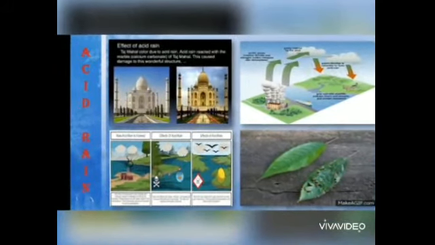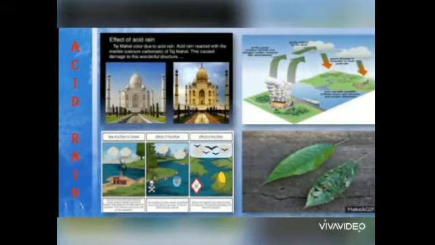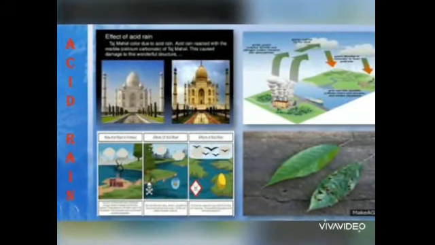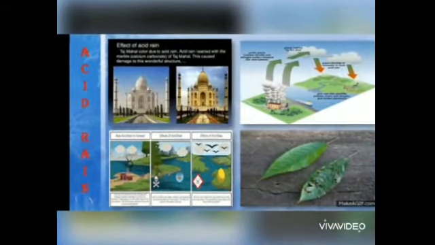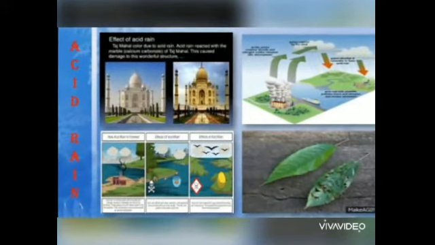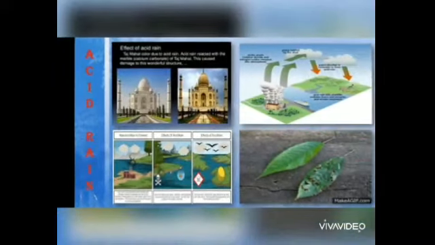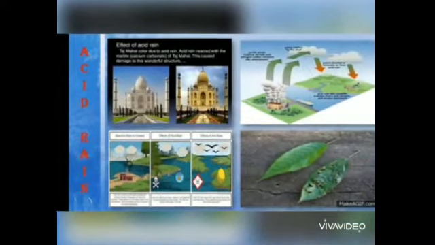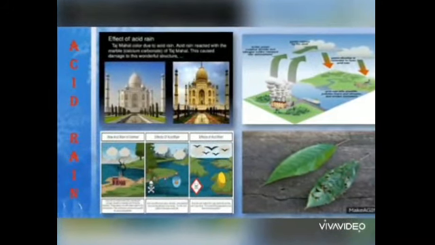Acid rain has been shown to have adverse impacts on forests, fresh waters such as lakes, streams, and marshes, especially the aquatic environments. It can be harmful to fish and other wildlife.